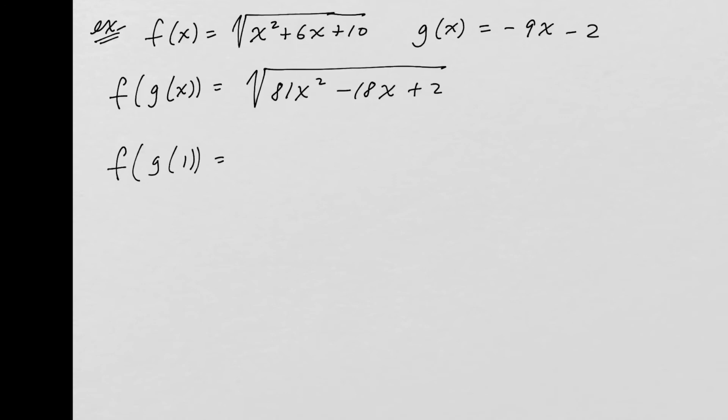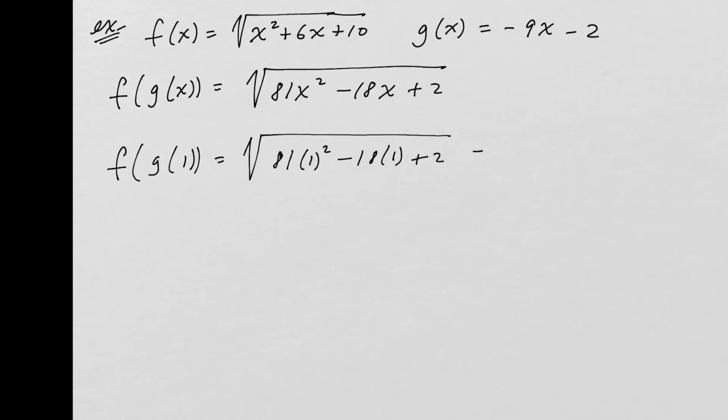Well, since I did all that work, right, to find f of g of x for any input x, then what I can do is just go to that expression and where I have an x substitute in a 1, right? So this will just be 81 times 1 squared minus 18 times 1 plus 2.